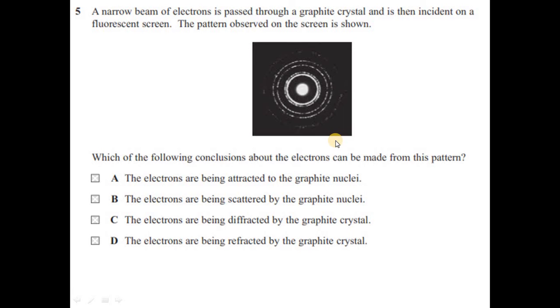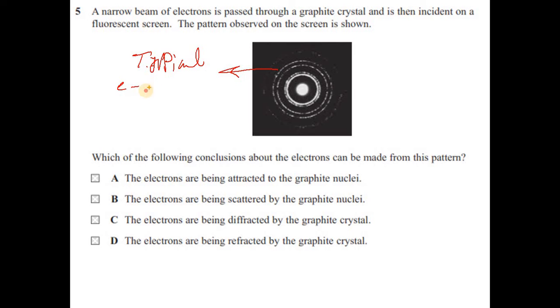Question 5. A narrow beam of electrons is passed through a graphite crystal and is then incident on a fluorescent screen. The pattern observed on the screen is shown. This is a typical shape of electron diffraction.